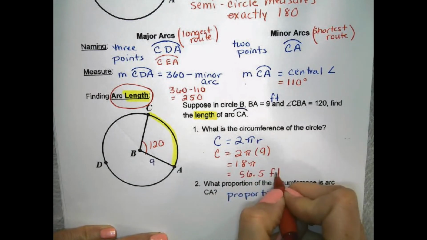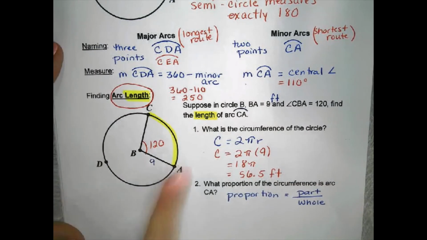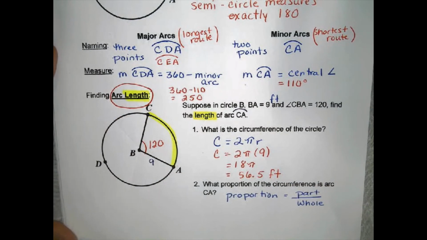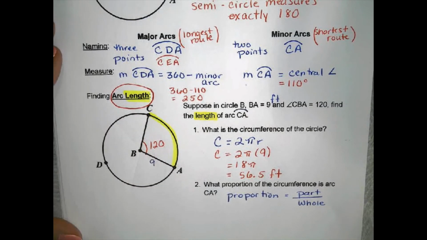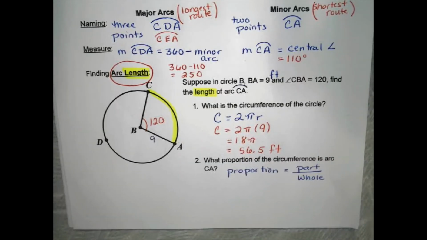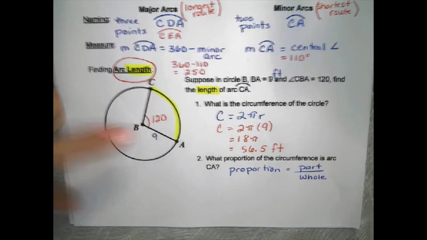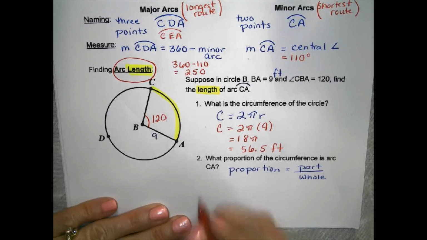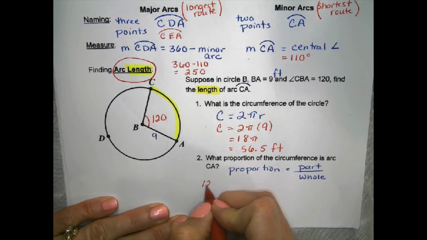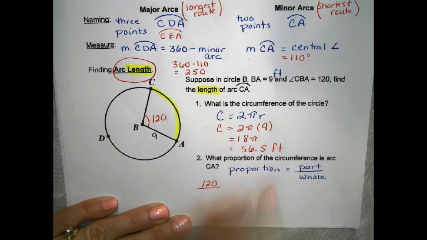In order to find the length of just the arc, I'm going to use a proportion. So remember that a proportion is always a part over a whole. And I'm going to rely again on my central angles to figure out that proportion. I'm going to set it up as I have 120 degrees, that's the measure of my arc, over the measure of the whole circle, 360.